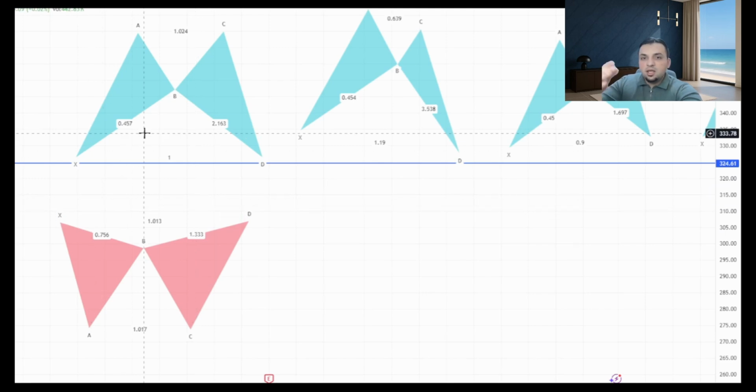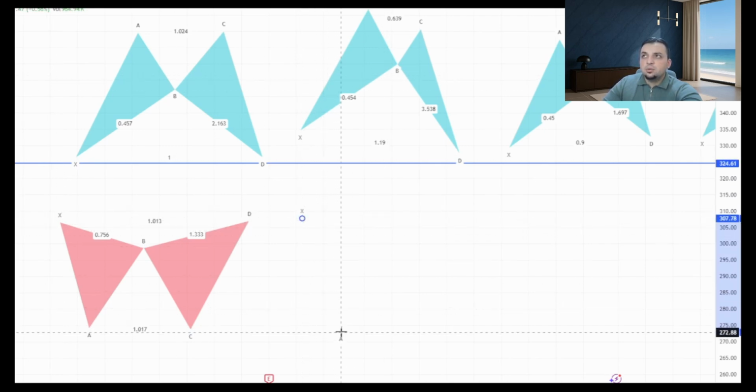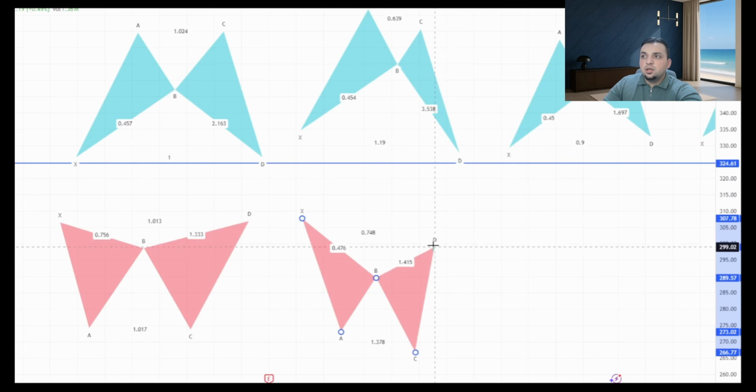Just like the bullish pattern, we have the same thing when D is equal to X and A is equal to C. The second one is X to A to B, B to C, and C to D. D is lower than X, which means a lower high, and C is lower than A, which means a lower low.